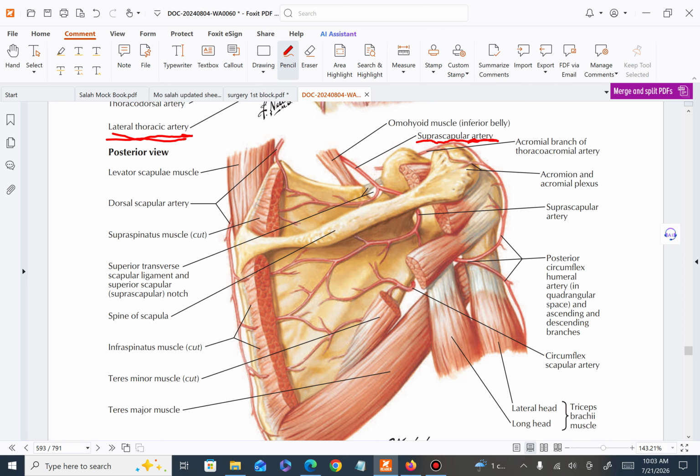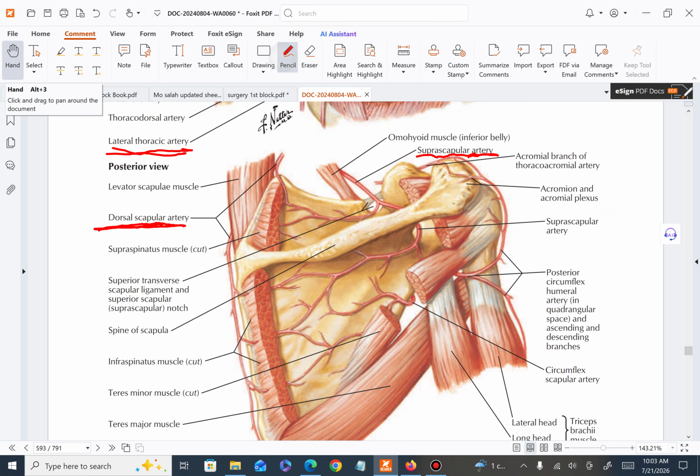Then the dorsal scapular artery, which is the deep branch of the transverse cervical artery, also comes from the thyrocervical trunk. So the thyrocervical trunk gives two branches to anastomose around the scapula. The first is the suprascapular artery, the branch of the thyrocervical trunk, and the dorsal scapular artery.